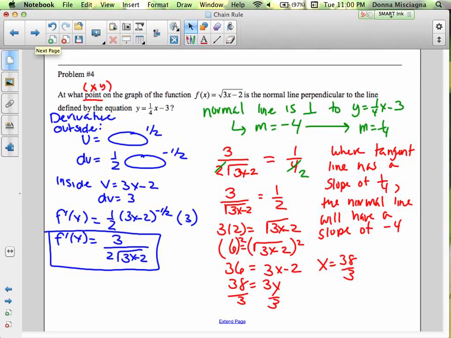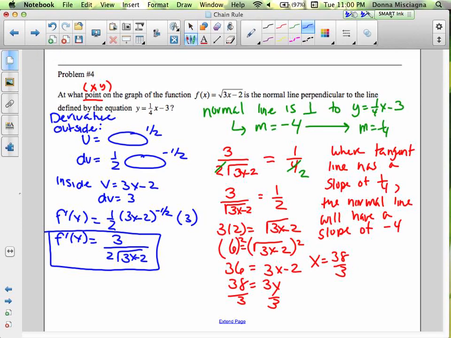We need x and y. So we have x. Let's find y. How do we find y? Plug it back into the original function. So here's how we find y. We take f of 38/3, which actually is going to work out okay.